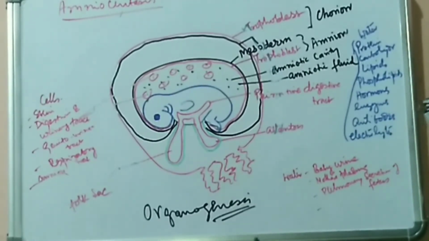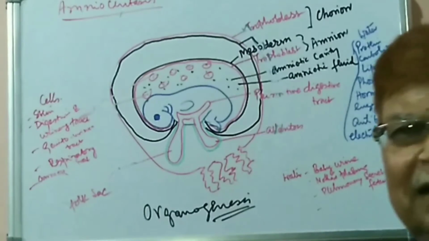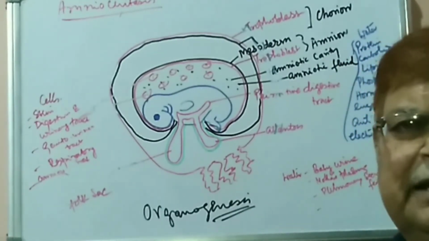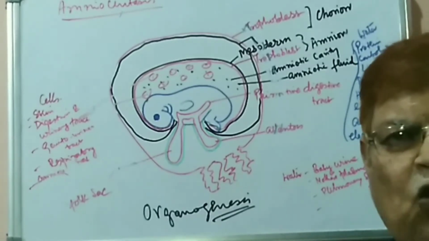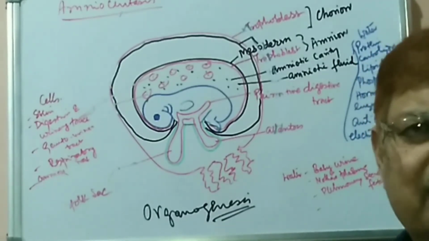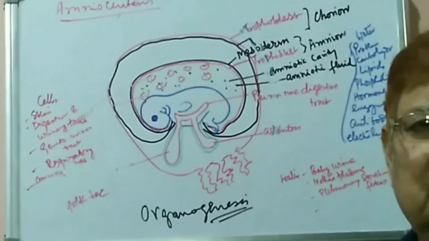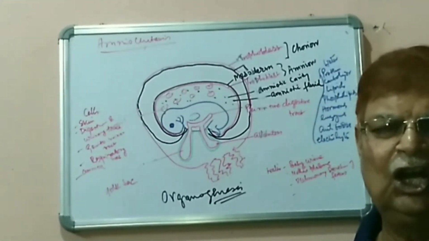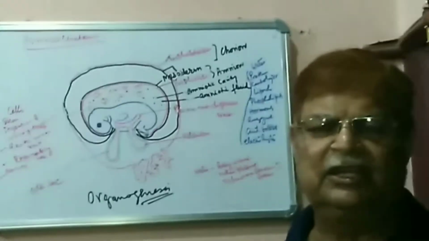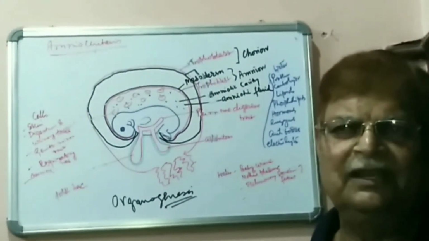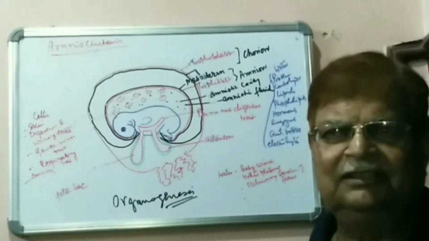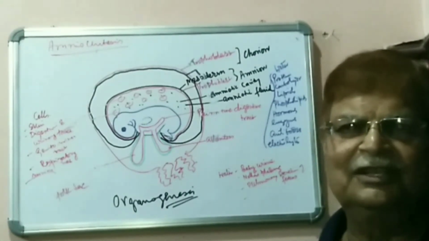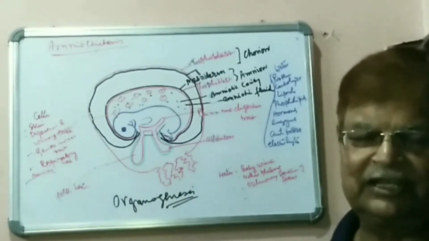Now, this technique, amniocentesis, is how and why it is being done. It is recommended especially in those families where children born earlier have got some sort of chromosomal abnormalities or genetic diseases, or where the female has frequent miscarriages. And third, in legal cases, paternity may be decided by this technique.